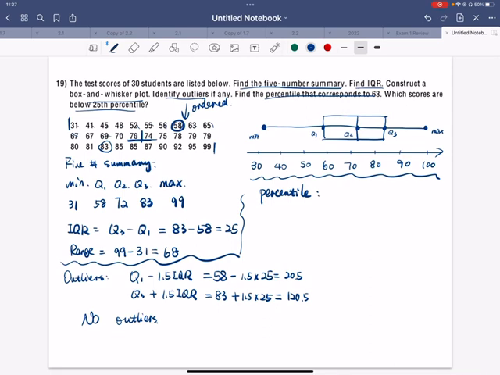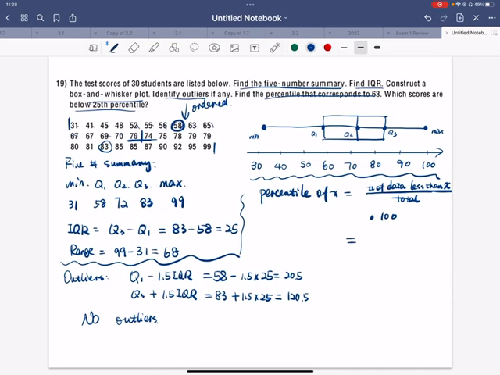We will use the formula: the number of data entries less than x, divided by the total number of data entries, and then multiply by 100.